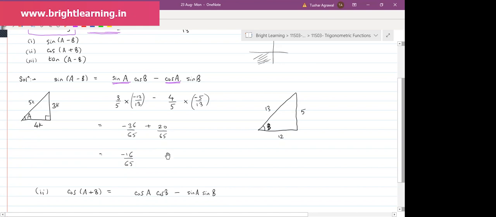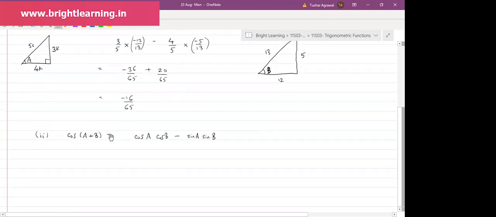From the diagram, cos a magnitude is 4 upon 5, and it is in the first quadrant, so the x coordinate is positive. Cos b magnitude is 12 upon 13, but it is in the third quadrant, and cos is the x coordinate, so it is minus 12 by 13. Sine a magnitude is 3 by 5, in the first quadrant, so positive.